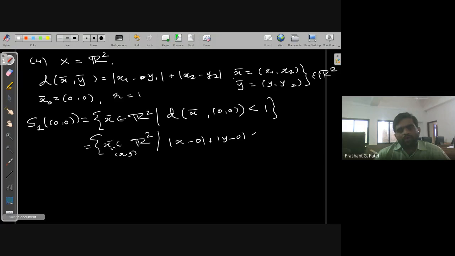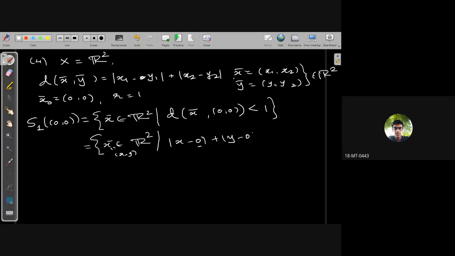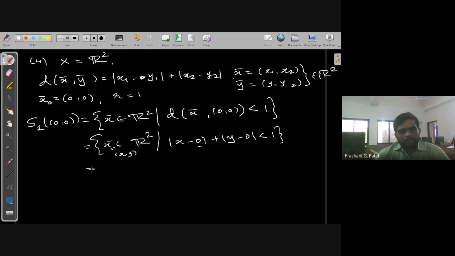And what does this represent? A square of side root 2. Yes. So it is mode of x plus mode of y less than 1.